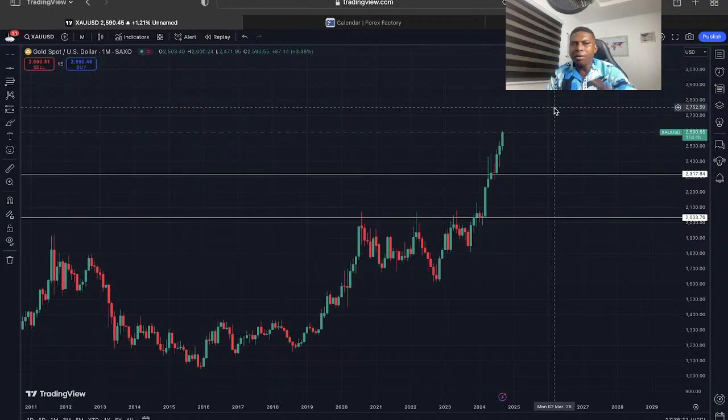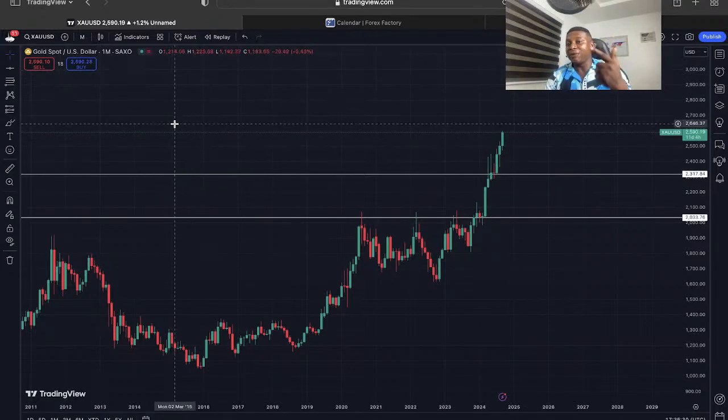Maybe before I round up, we can also check into Bitcoin and see what's happening there. When rates are cut, riskier assets become more favorable, and that is where we can see that fundamentally, that is what is driving gold.